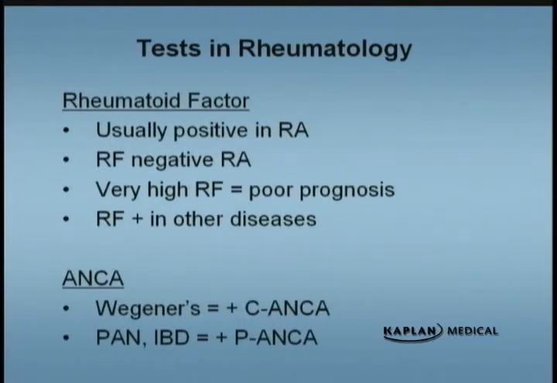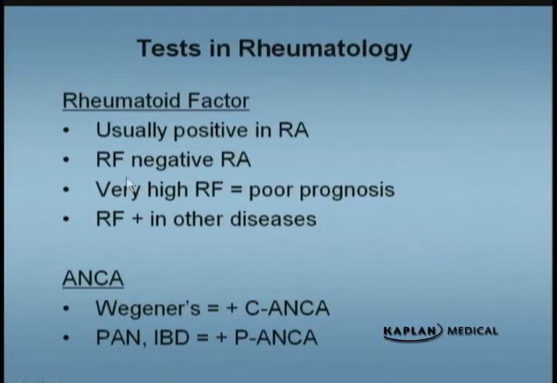A couple more rheumatologic tests. The other common one that we do in clinical medicine is a rheumatoid factor, and this is a test that is usually positive in rheumatoid arthritis. But there is about 20%, they say, maybe 30%, that have typical rheumatoid arthritis, and the rheumatoid factor could be negative, and this is sometimes referred to as rheumatoid factor negative rheumatoid arthritis, right?